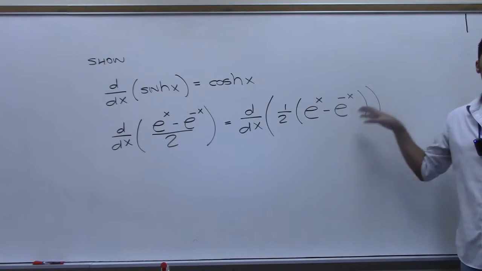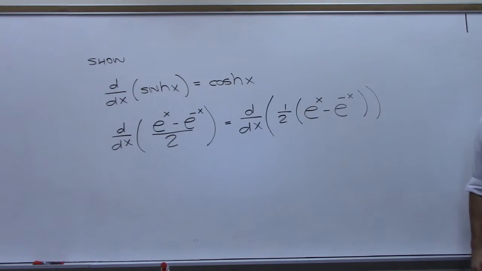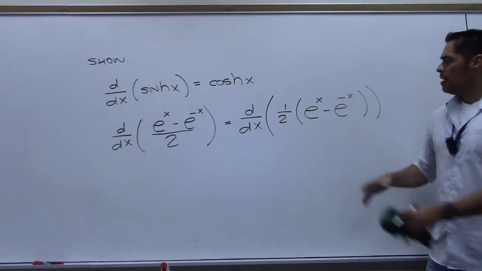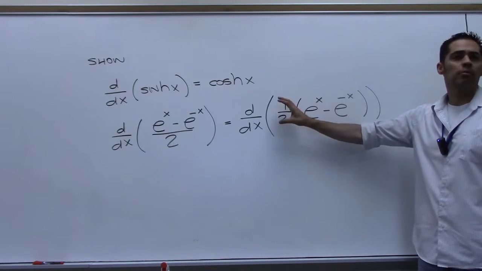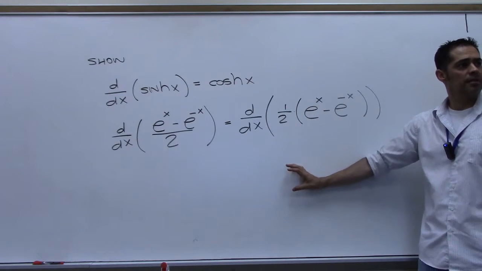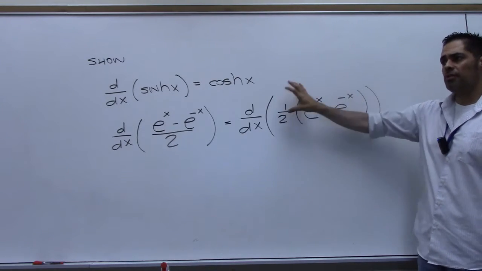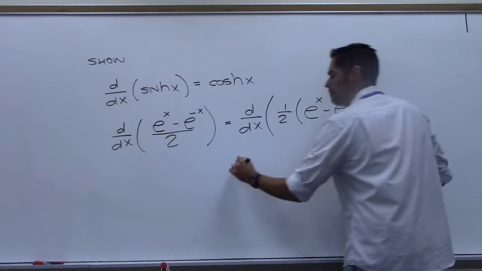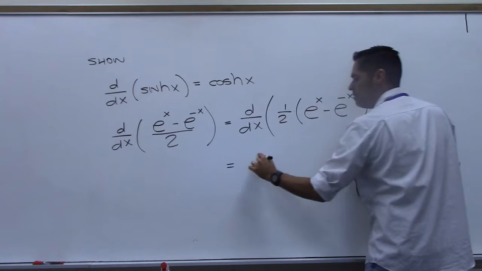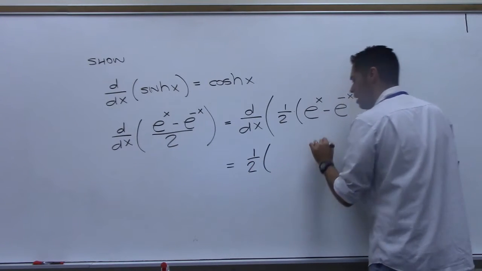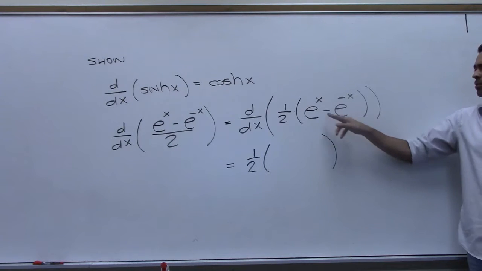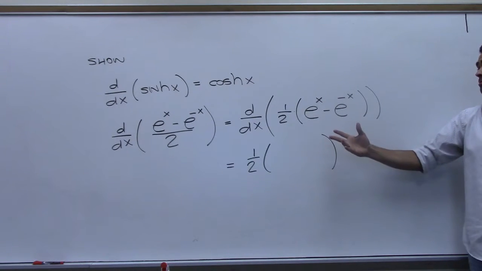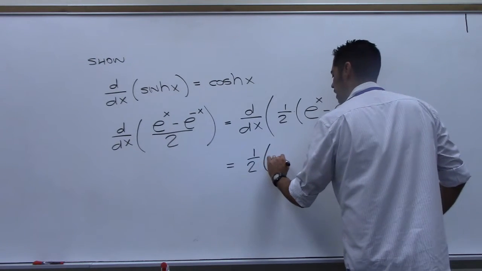That's just me pulling that 2 out front. The reason I want to do that is because if I want to take the derivative here, I have scalar multiplication. This 1/2 will just come with me, won't it? When I take a derivative, there's a constant in front of a function, it just comes with me. So I'm taking the derivative right now. The 1/2 comes. And then, since there's 2 terms in here, I just take the derivative of each one. The derivative of e to the x is itself. And then be very careful with this one.